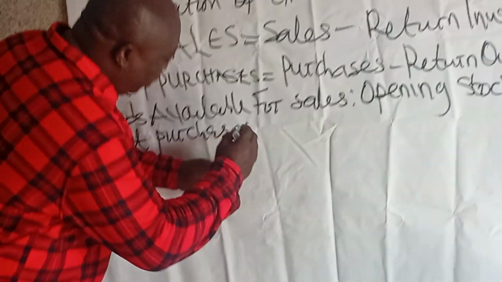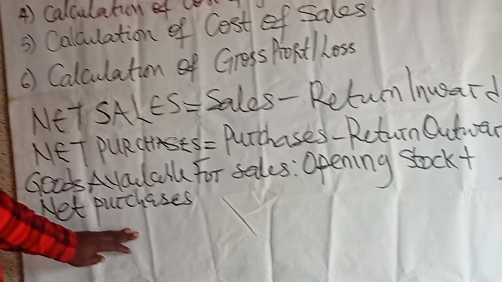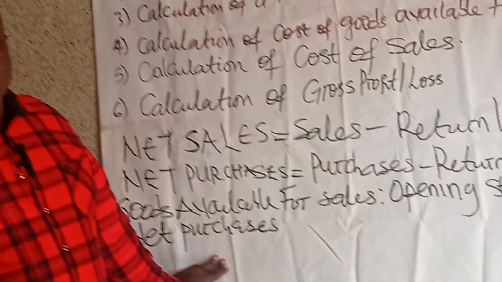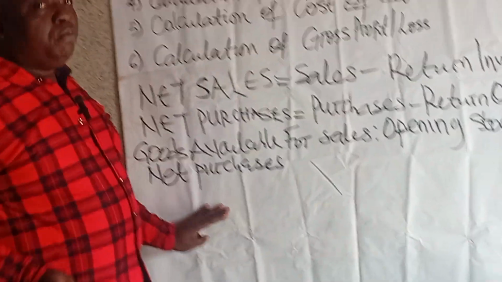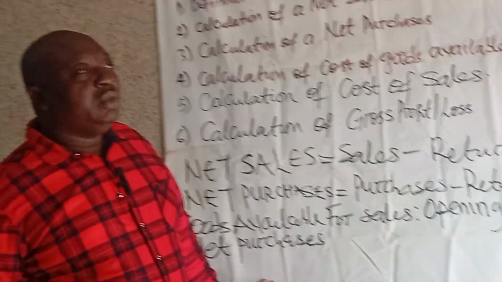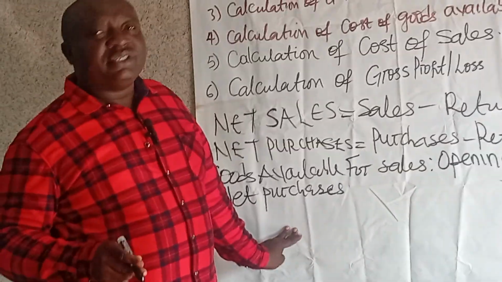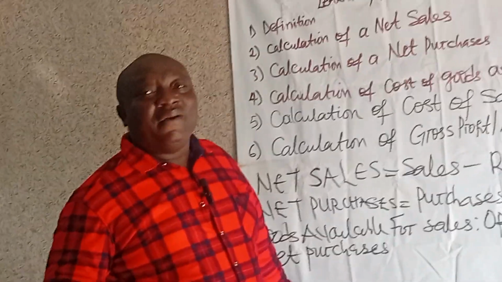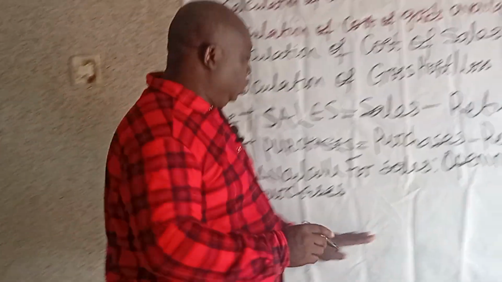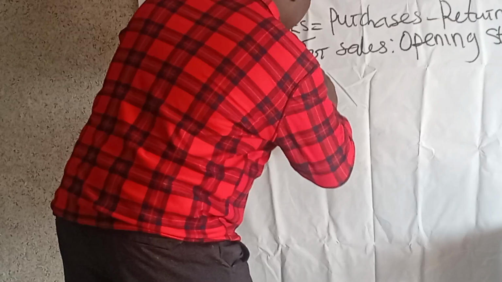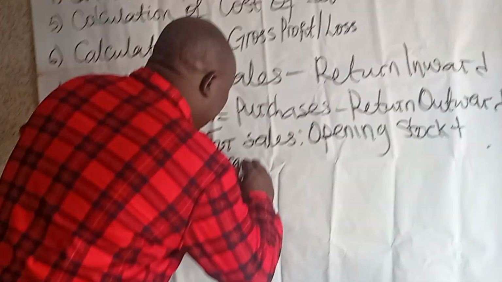In the question, if there is no return outward, it will just be ordinary purchases. In the question, if there is carriage inward, you will add it.